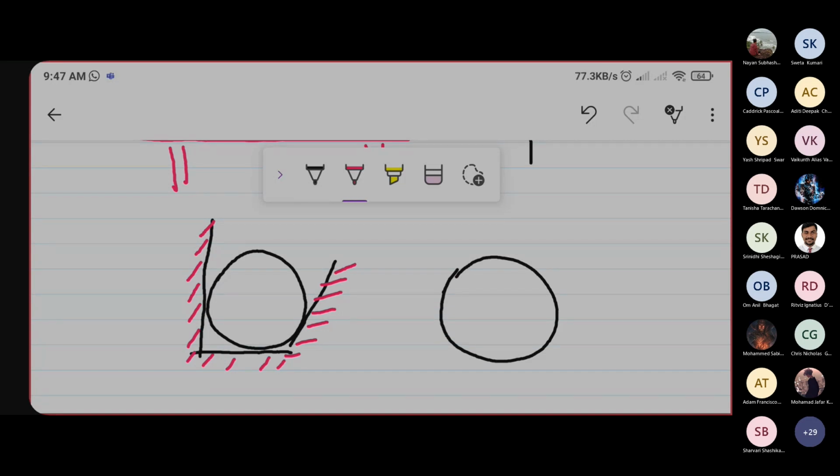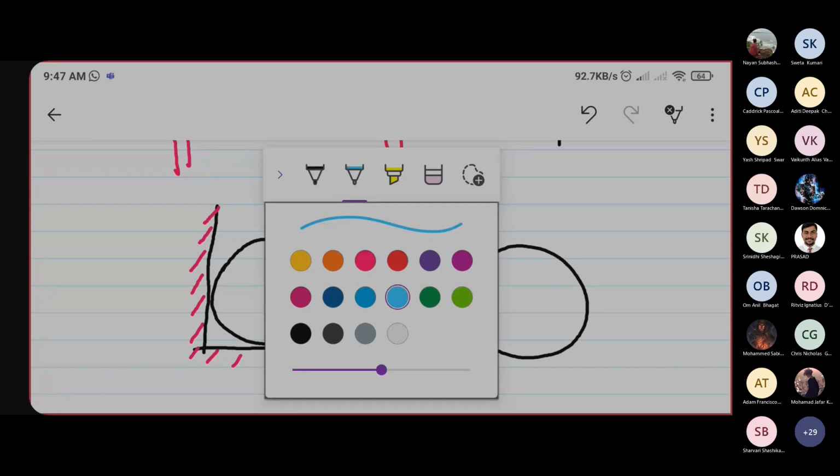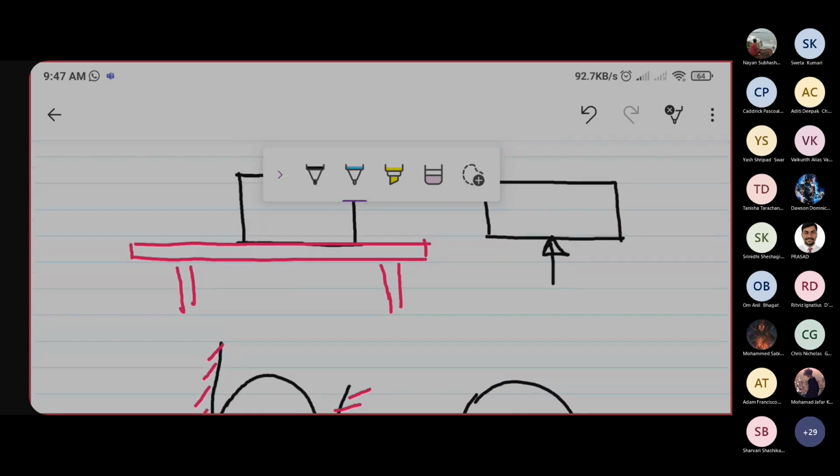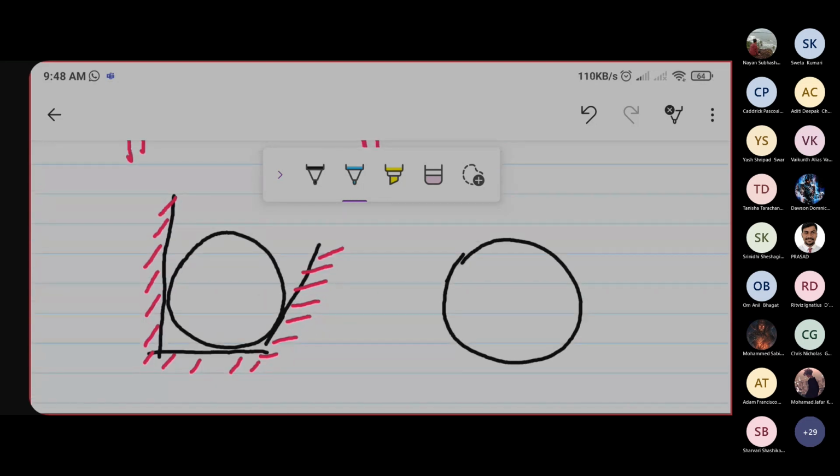One rule you need to remember: when you remove a support, the force acting on that body will be perpendicular to the surface. That means with a table like this, perpendicular to the table. Here also it will be like this, and like this.